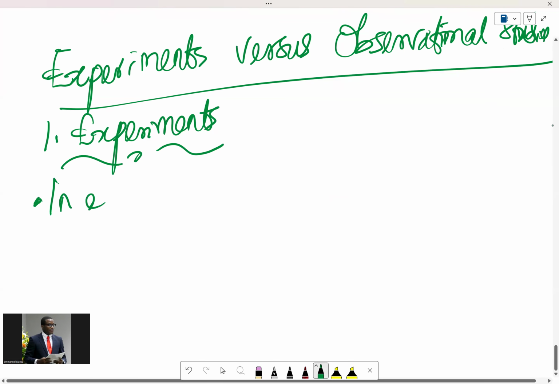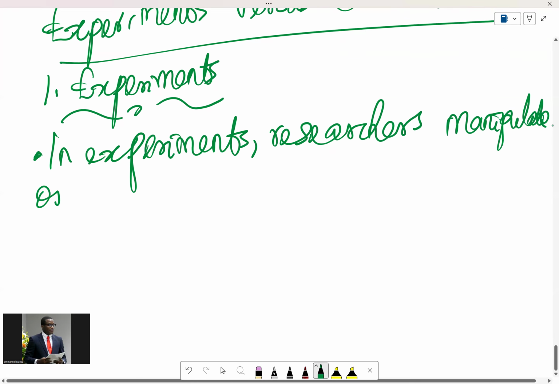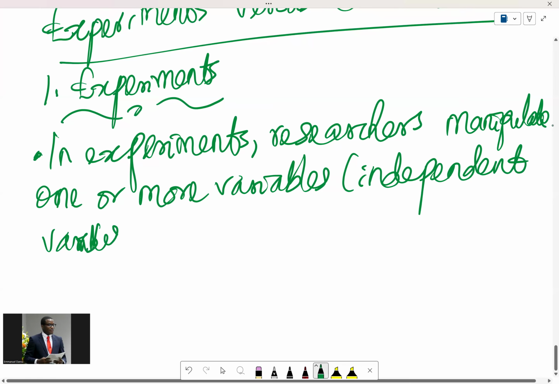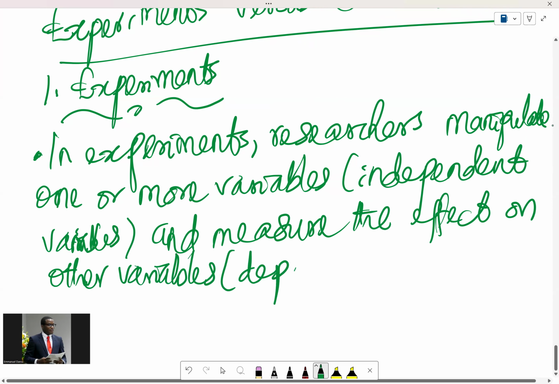First of all, in experiments, researchers manipulate one or more variables, which are called independent variables, and measure the effect on other variables, which we call dependent variables.